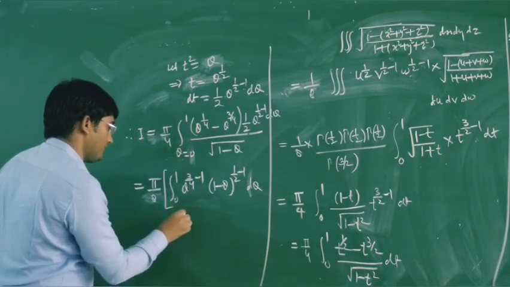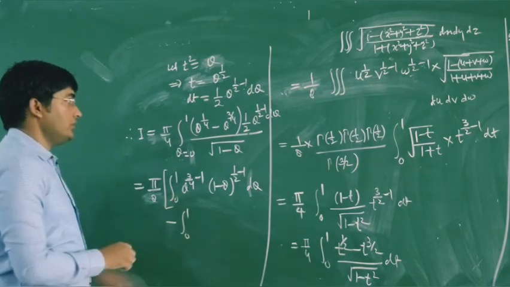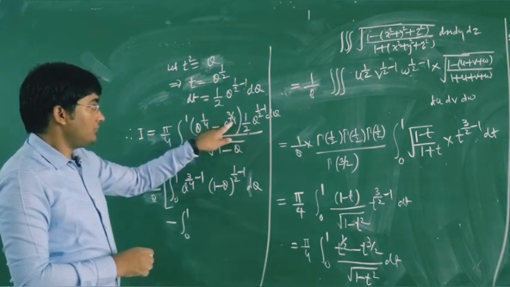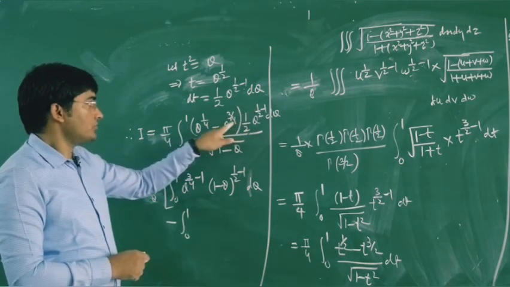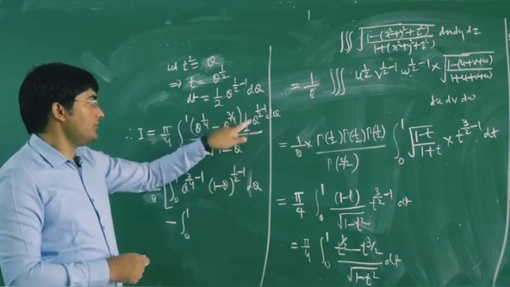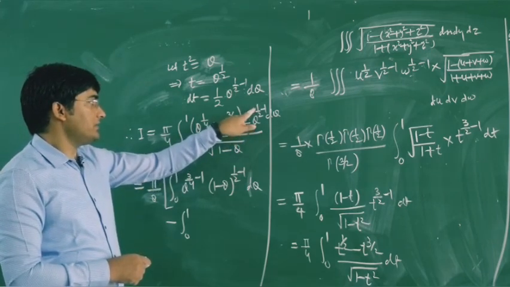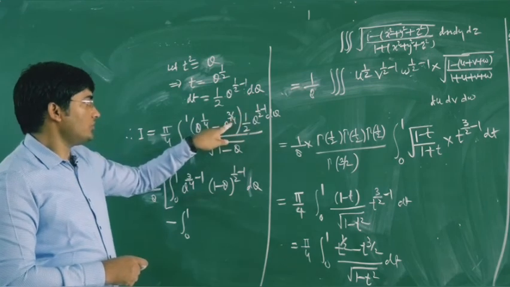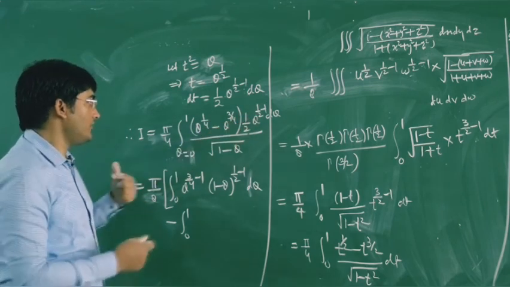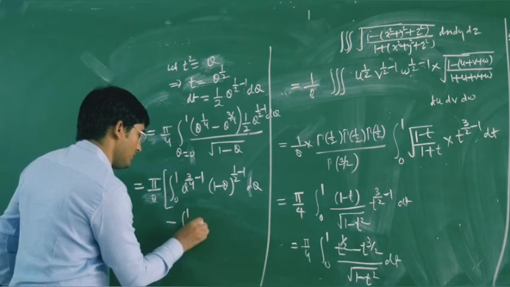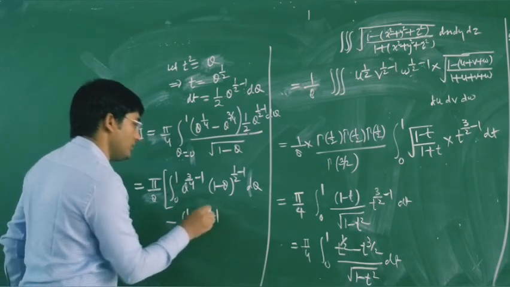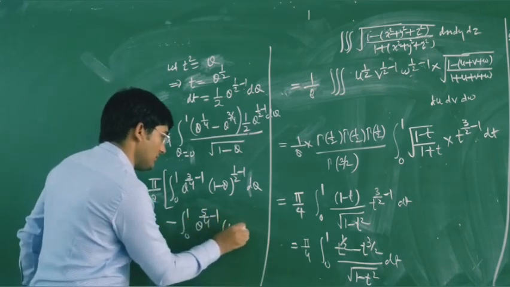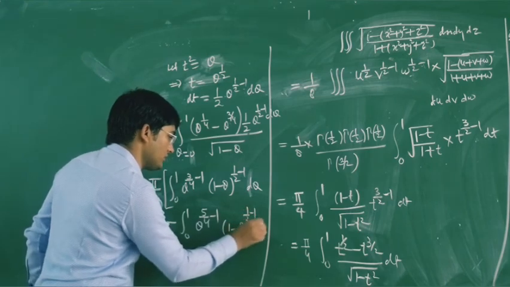Then the second term is equal to integral 0 to 1. Now this will be 3 by 4 plus half. So this 3 by 4 plus half will be, now just multiply here 2, so this will be 2 by 4. So we have 5 by 4 minus 1. So here we have theta power 5 by 4 minus 1. Then 1 minus theta power half minus 1 into d theta.